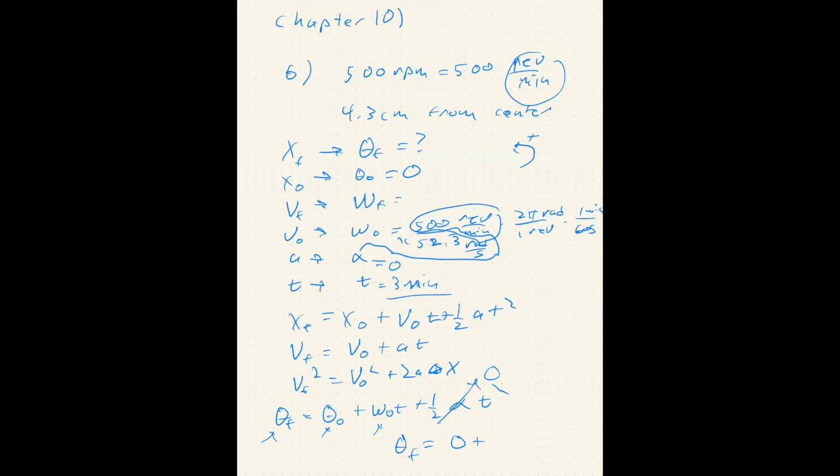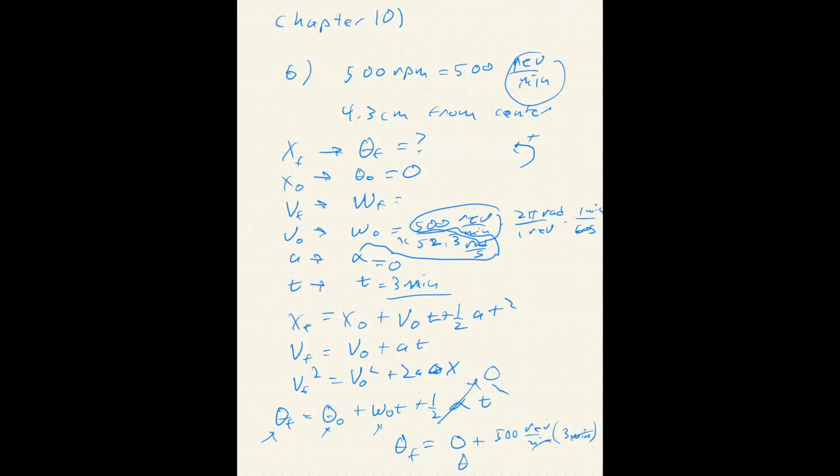So if you wanted to cheat, it's not really cheating, it's 500 revolutions per minute multiplied by 3 minutes. If you wanted to convert it to seconds, radians per second, it's 100% correct as well. This is one time we can leave it in this unit because it's the only unit we're dealing with. We're not dealing with anything else. So we'll get theta F in terms of revolutions.